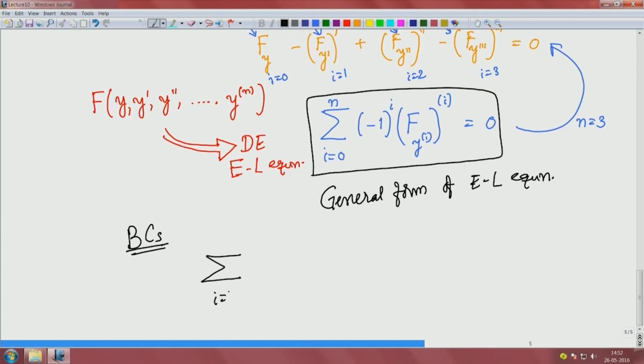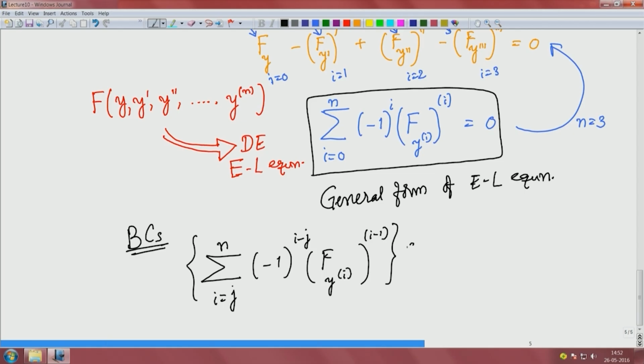You have the sum over i going from j to n, and you will realize why we write it like this, (-1) raised to i minus j, f_{y^(i)}, with this whole thing differentiated up to i minus 1, and all of this, including the summation, times what we had, h, that is also differentiated j minus 1 times, for j equals 1, 2 up to n.